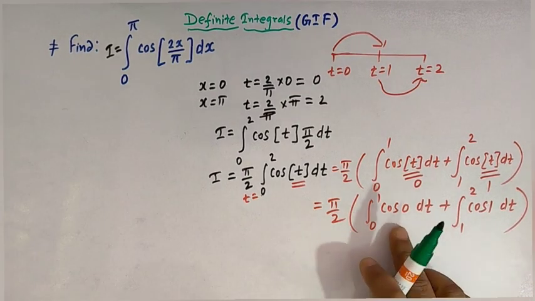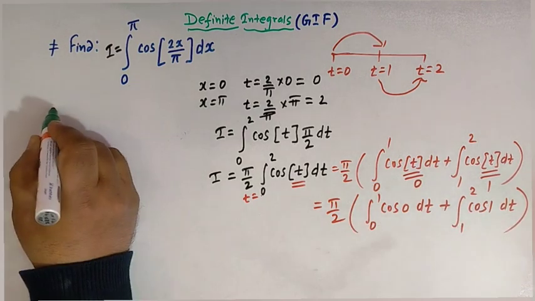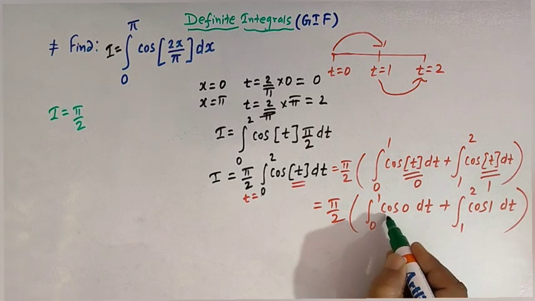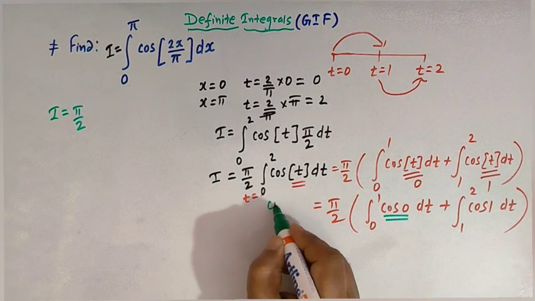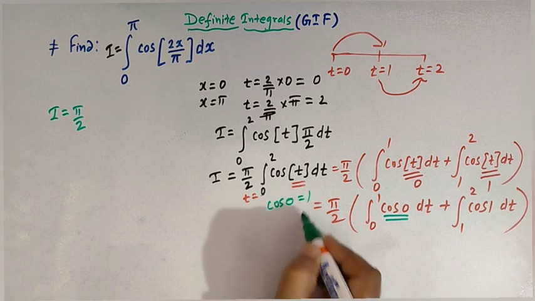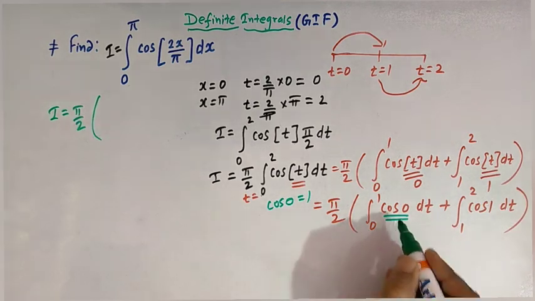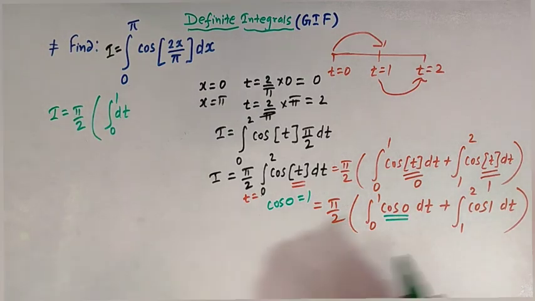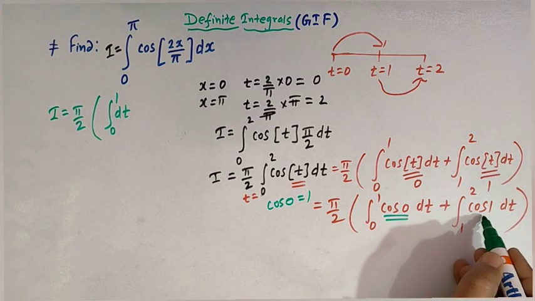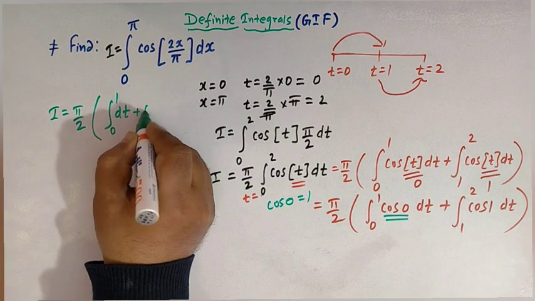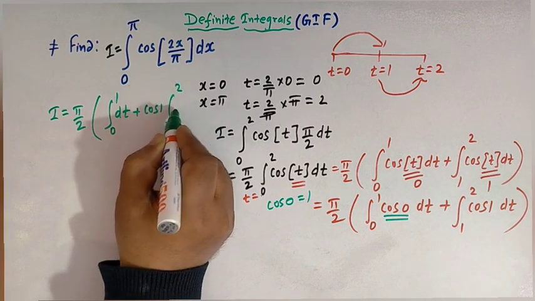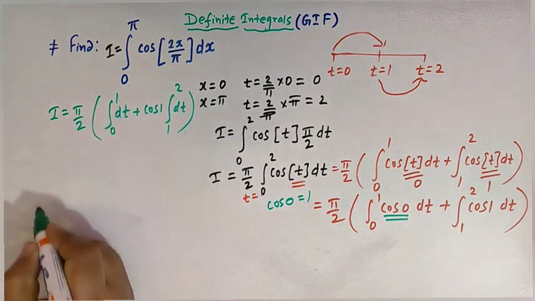So viewers, we can now write this expression as I equals pi by 2, and cos 0 is 1, right? Cos of 0 is 1. So we have here simply 0 to 1 dt, right? And here cos of 1 is a constant, so we can take it outside the integral, and we have here 1 to 2 and dt, right?